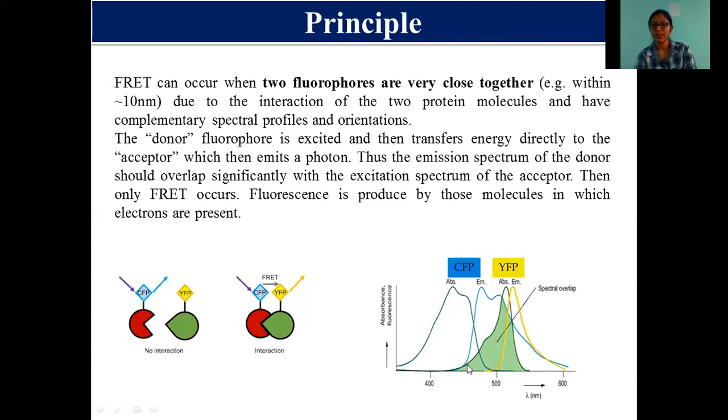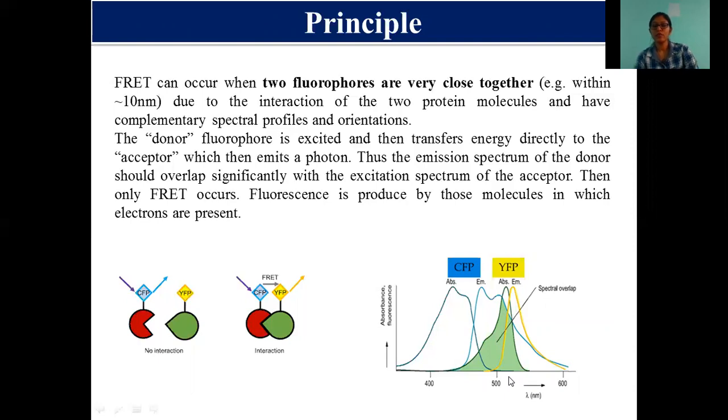You get a graph like this, an overlapping spectrum, when the emission wavelength or the emission energy of one fluorescent molecule is the absorption wavelength of the second fluorescent molecule.